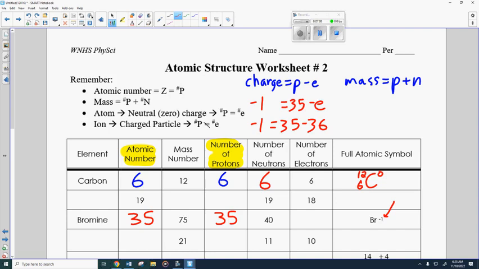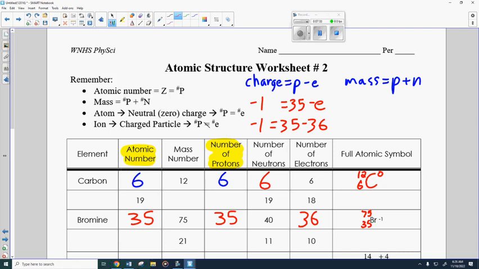So I've got 36 electrons. And now I need to fill in the rest. So if I am told that the mass, aka the A of the element, is 75, then I put that in the top left. The atomic number is 35, so that goes in the bottom left. We already have the charge listed in the top right, and the symbol's already listed for us as well, so now we are all done.